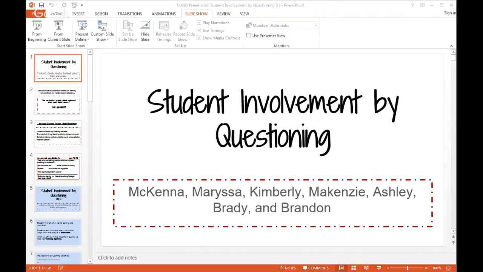Do you need to do a mini intervention to re-explain yourself and where you want them to go? And then it provides teachers with knowledge of the students' learning processes. So instead of just seeing it on paper, like, oh, they got the right answer, they must be doing it right, if you ask them questions, you can get more in depth, like, here's their actual thought process on how they got from point A to point B.